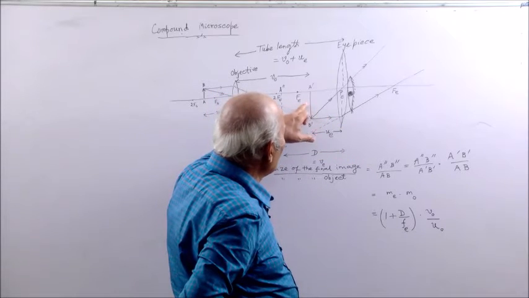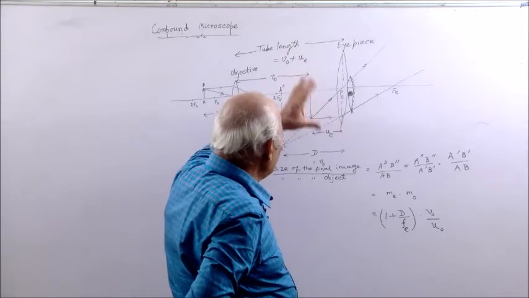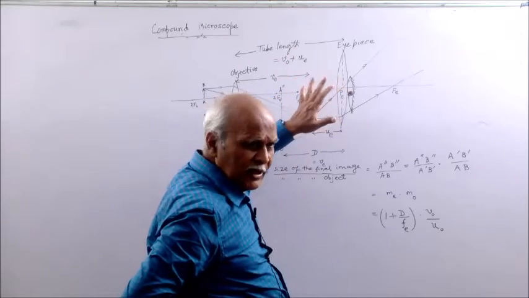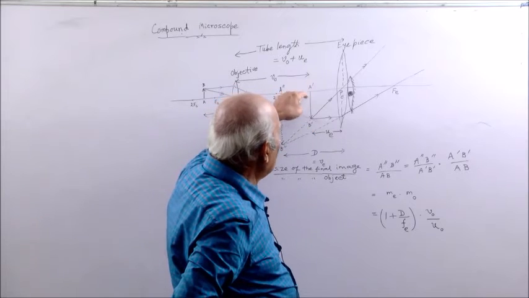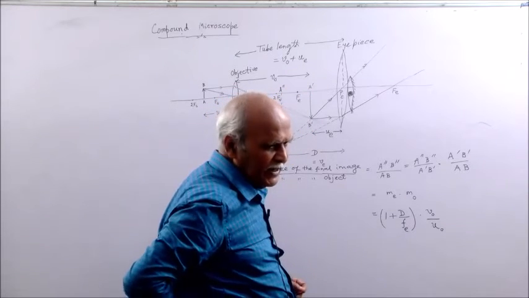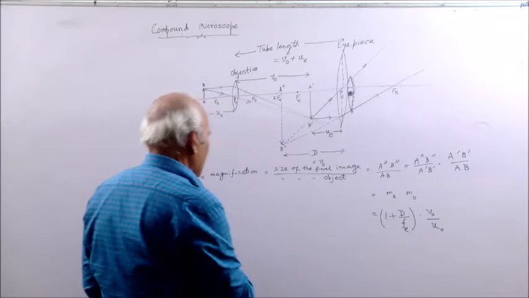To measure the size of the objects and images, cross wires are used. So, the cross wires are to be placed at the site of the first image, that is A dash B dash.